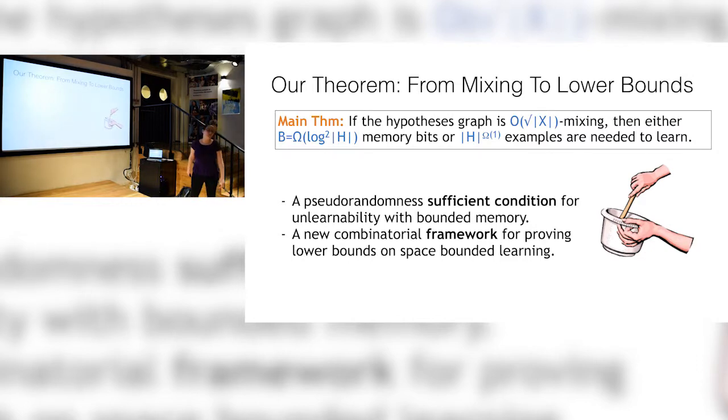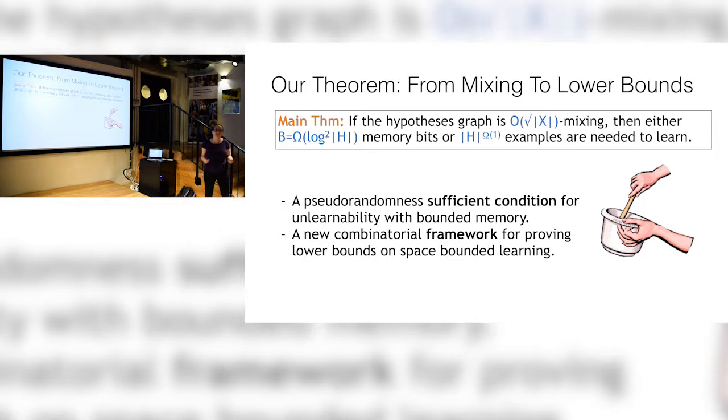Okay, so our theorem connects mixing and learning. Here's our theorem. It says that if a hypothesis graph, if a class, is a good mixing graph, then either we will need many memory bits or we will need many examples. So basically, if a graph is mixing, we cannot learn it with bounded memory.